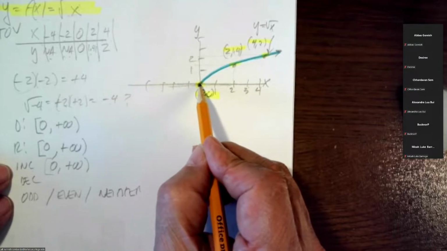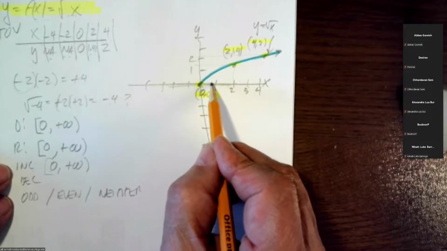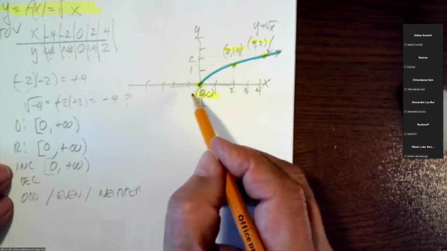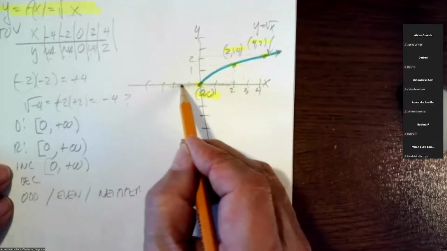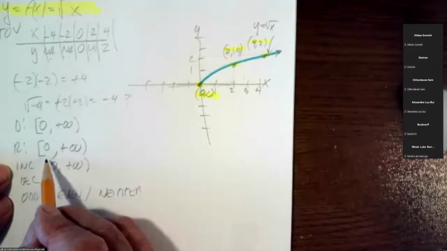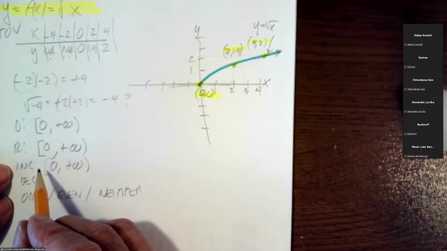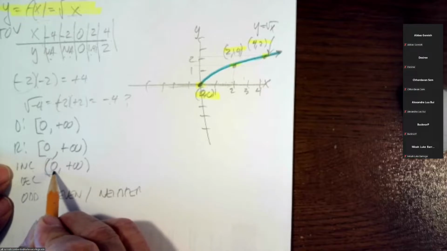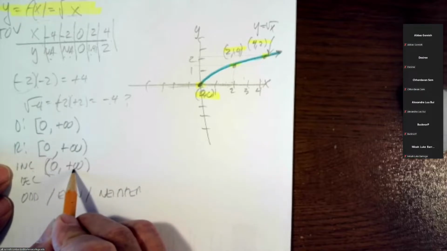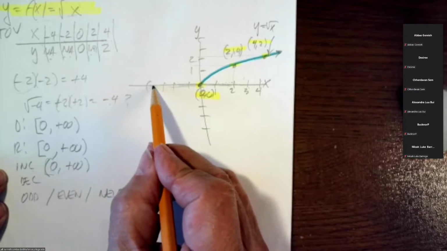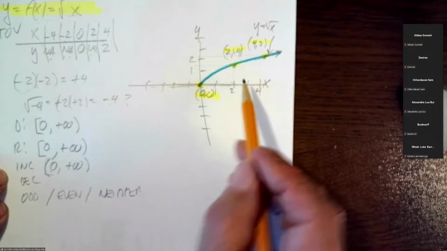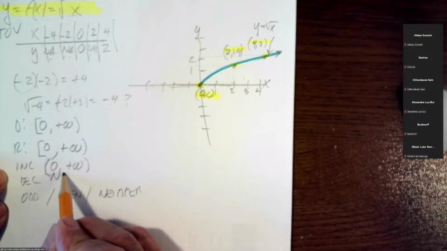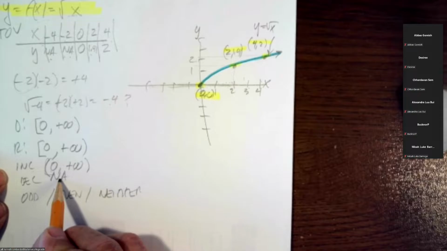But if we're anything larger than 0, 0.00000001, out there, we're increasing. But at 0 itself, we're not increasing. So we're not going to include that. Okay, so the function is increasing from 0, not including 0, to positive infinity. Decreasing, well, as we move left to right, we don't really decrease at all, do we? So we're going to say we don't have that situation.